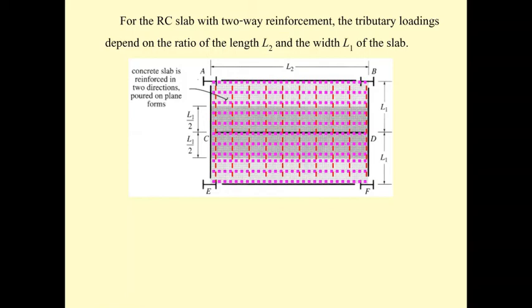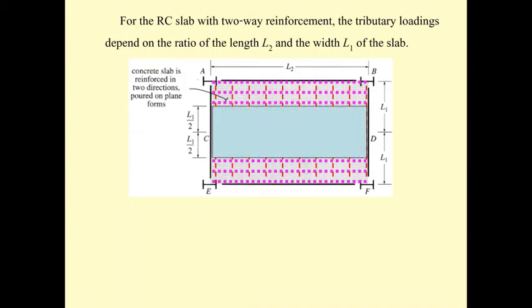If you have 2-way reinforcement, you have to consider the length L2. L2 is the length between the big beams or the girders, and L1 is the distance between the small beams.